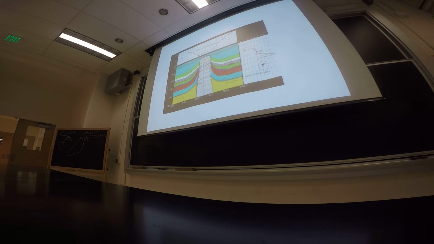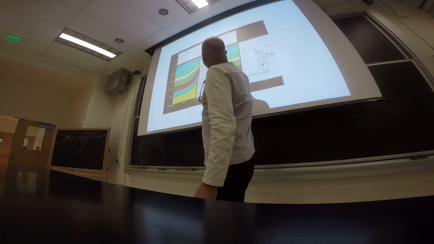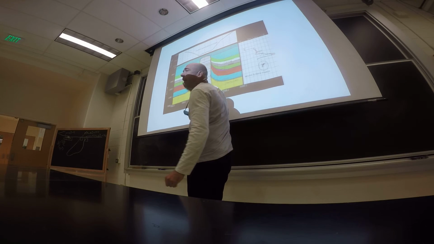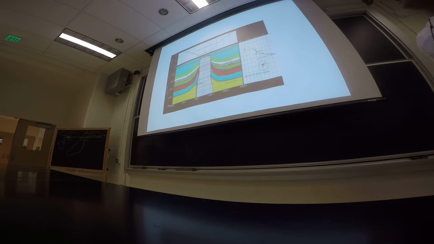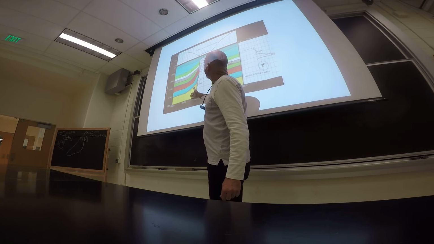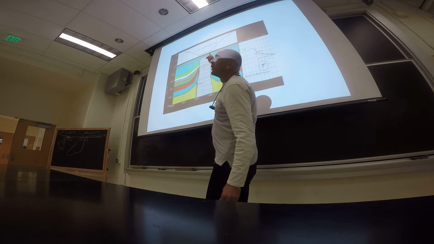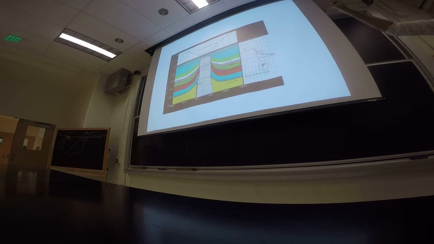Okay, so this is an example of a salt dome. Salt domes are important because oil sits on the sides of these salt domes. And the salt is actually less dense than the sediment around it. And so if we're looking at the pull of gravity over the salt, we're going to actually see less of a pull at the salt dome than we are in the sediments around it.